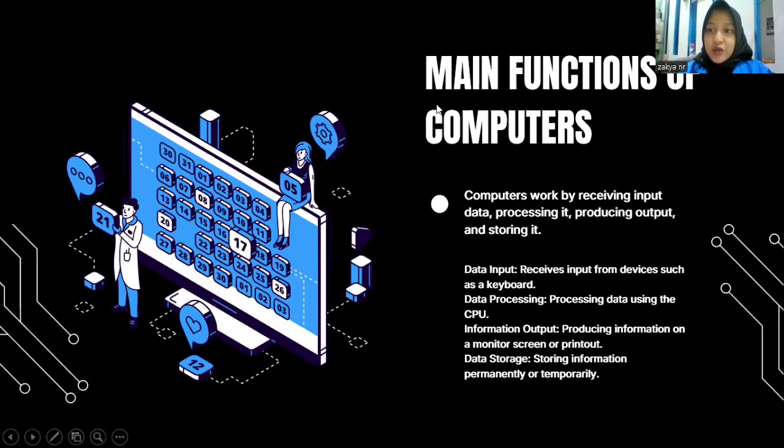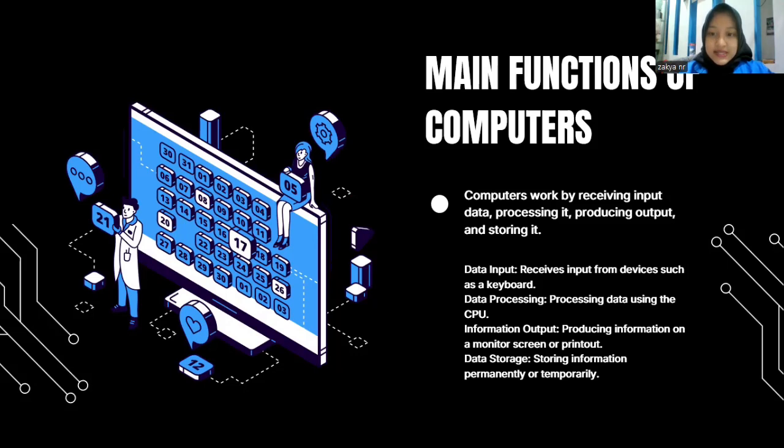Main function. The main function of a computer is to work by receiving input data, processing it, producing output, and storing it. First, data input is receiving input from a device such as a keyboard.